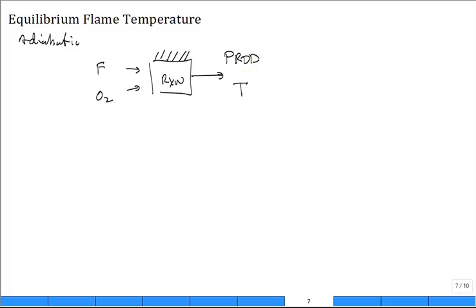So we talked about the adiabatic flame temperature.